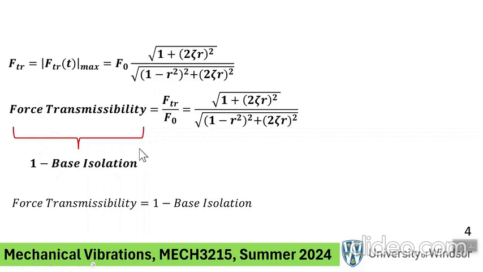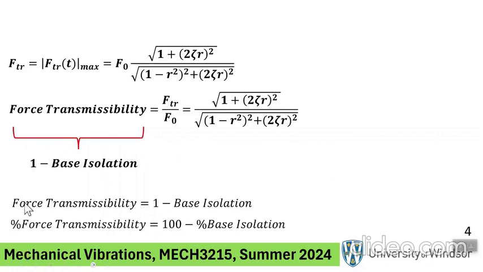If you see the word base isolation, what is it? It's 1 minus force transmissibility right here. So force transmissibility is 1 minus base isolation, or 100% minus percent base isolation. Or if you want, you can refer to base isolation as 100% minus percentage force transmissibility.